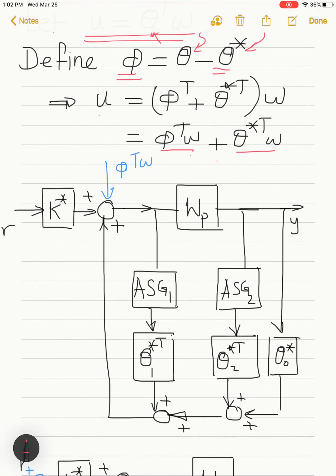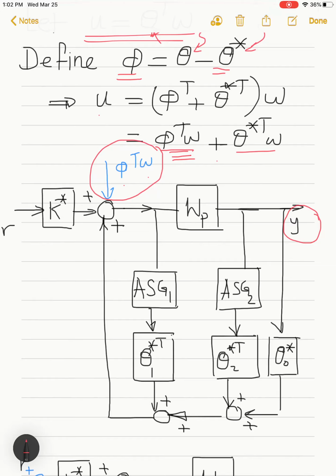And I can then redraw the block diagram similar to what I did before, except here I have an extra input which represents phi transpose omega, this term in the control signal. So in that case, the output is y in general. It's not necessarily the output of the reference model.